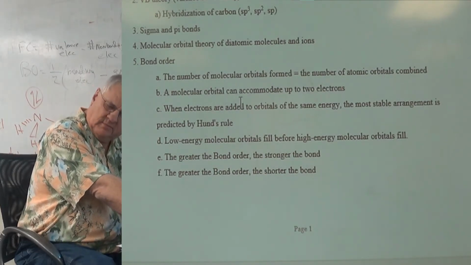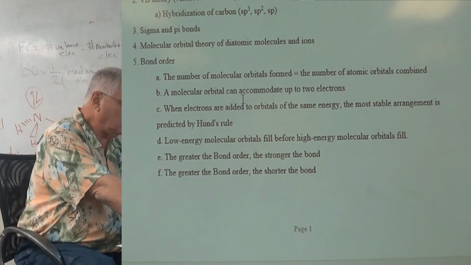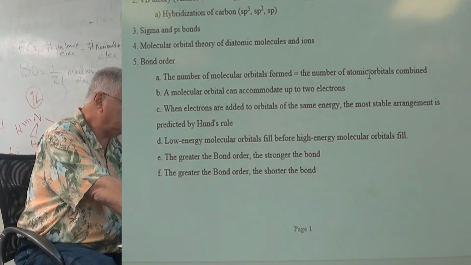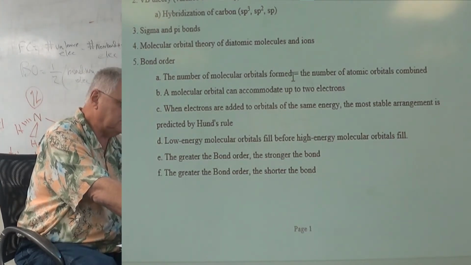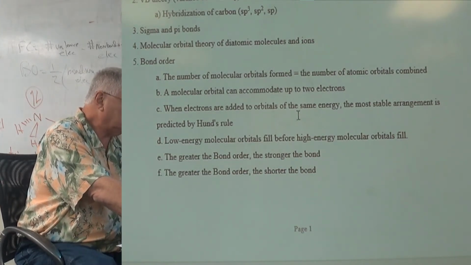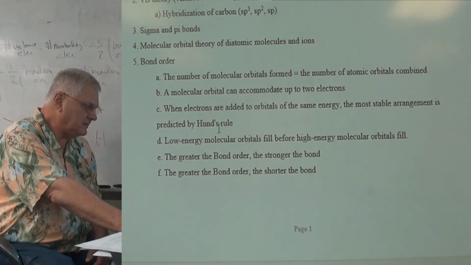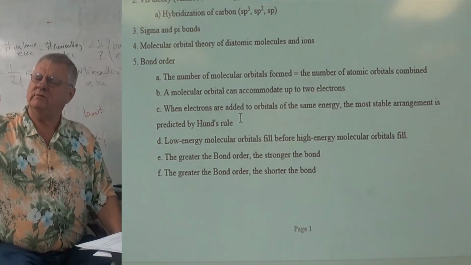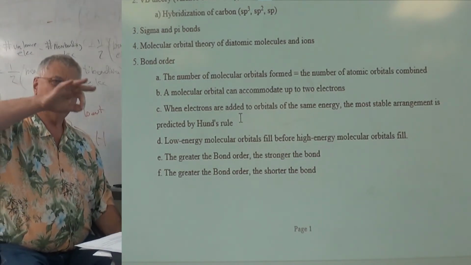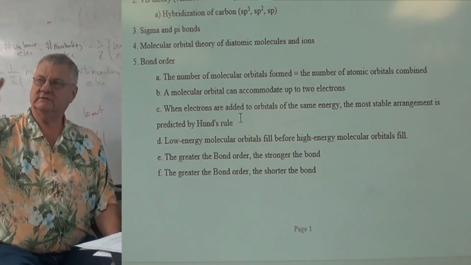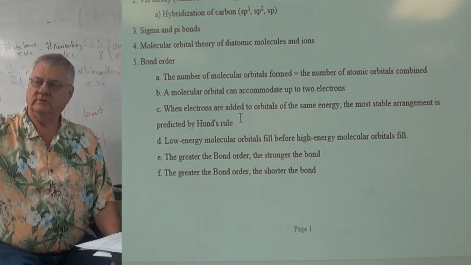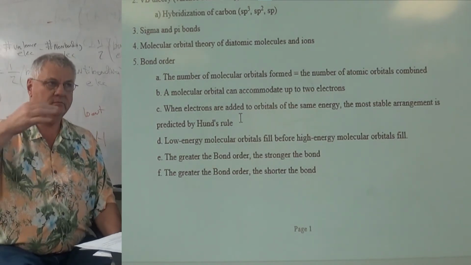Just like with atomic orbitals, a molecular orbital can only hold up to 2 electrons, and they have to have opposite spin. When electrons are added to orbitals of the same energy, the most stable arrangement is predicted by Hund's rule. In other words, we spread them out. When we have more than 1 orbital of the same energy, we spread them out before we pair them.